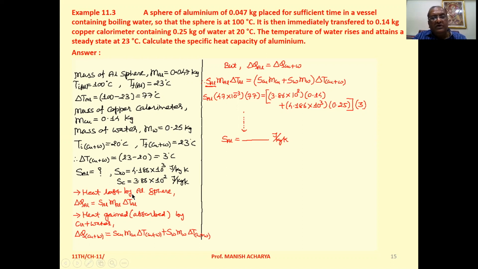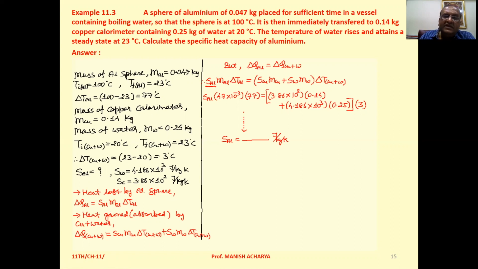Now first of all, consider the heat lost by the aluminium sphere. So heat lost by aluminium sphere, delta Q aluminium, that is specific heat of aluminium, mass of aluminium, and change in temperature of aluminium.